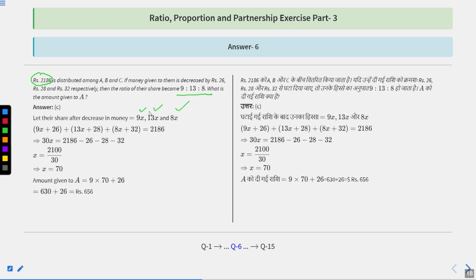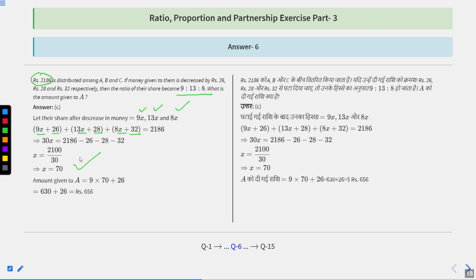When we add the amounts which were reduced from their original amounts, we get 2186. So we add 9x plus 26, 13x plus 28, and 8x plus 32, which is equal to 2186. Now when we solve it, we get x equals 70.